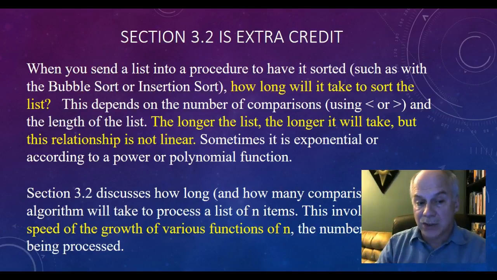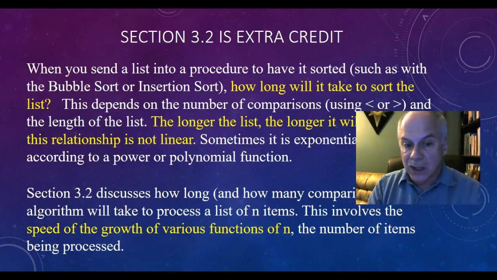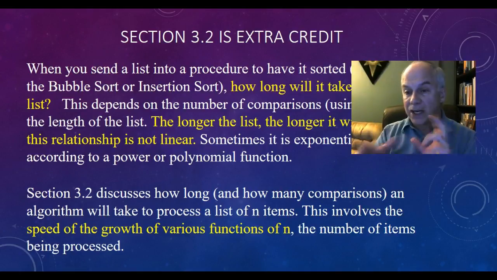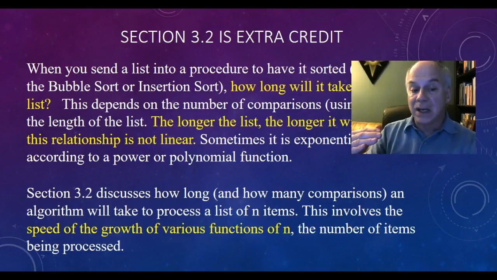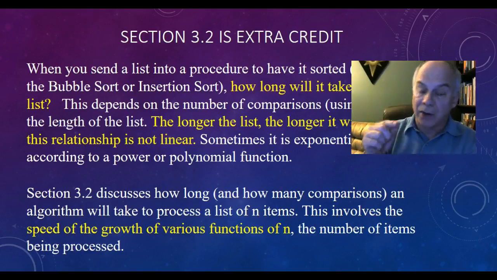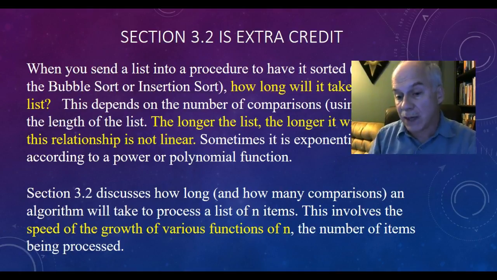Okay, so section 3.2 discusses how long and how many comparisons an algorithm will take to process a list of n items. So this involves the speed of the growth of various functions of n, the number of items being processed. And that depends on what type of function it is.